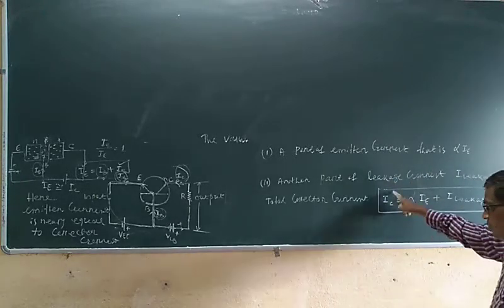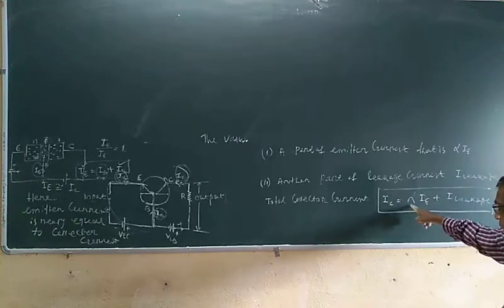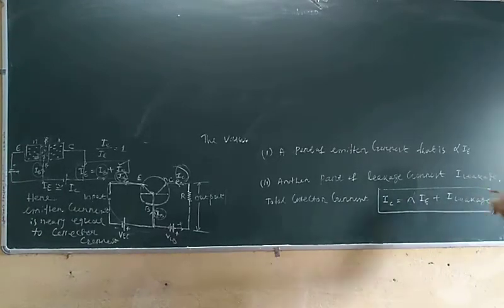So the total collector current is alpha IE plus I leakage.